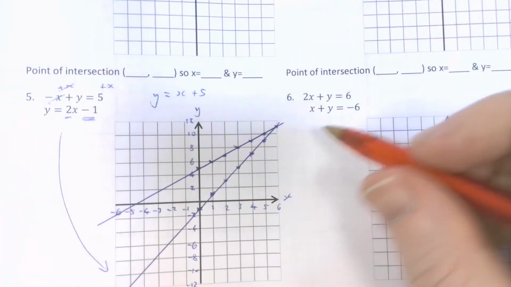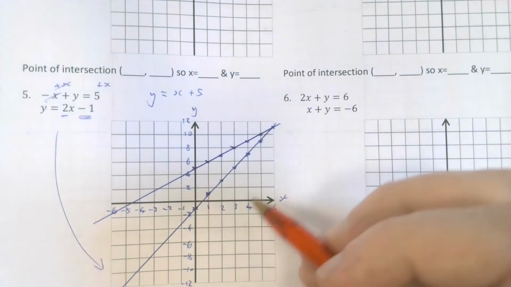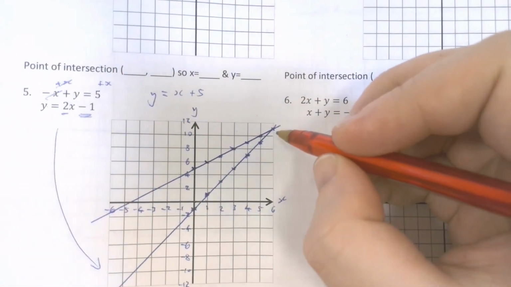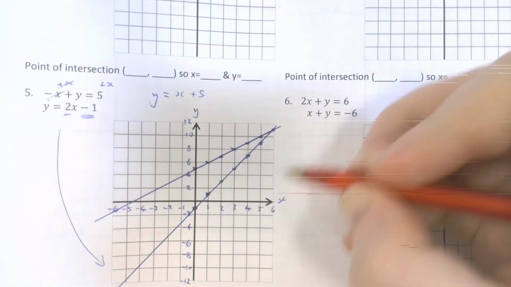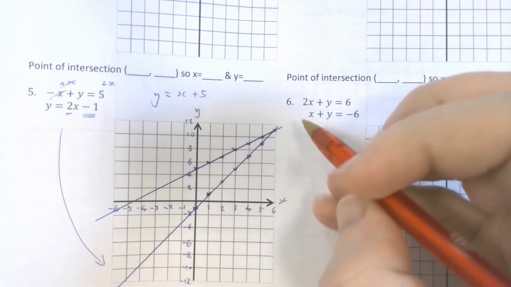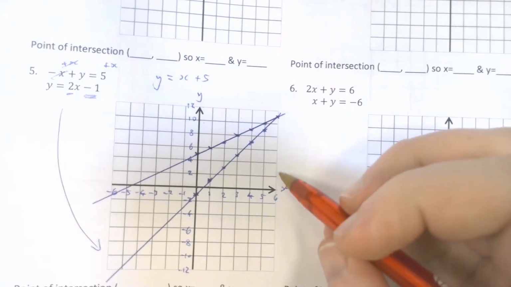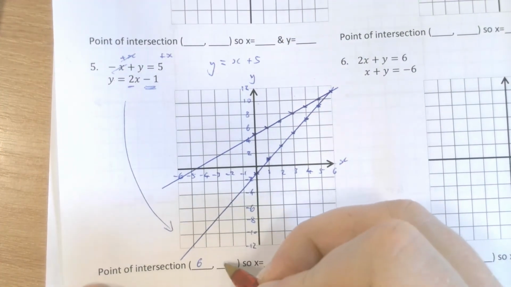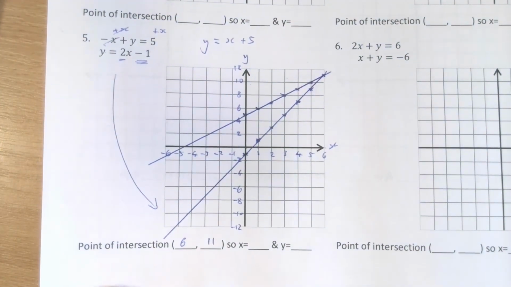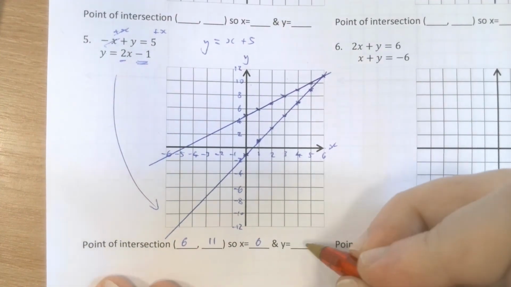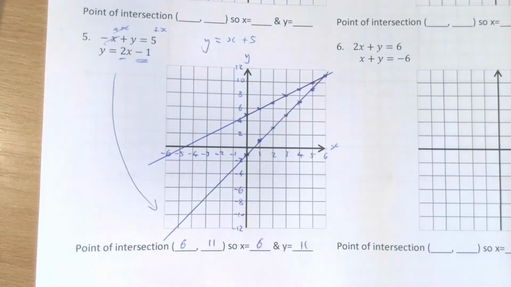Wow. So, what is that coordinate point that these two lines have met up at? 6 across, and remember we said every half square is 1, halfway between 10 and 12, 11. So 6, 11 is the point of intersection, so the solution to this particular question is 6, 11.